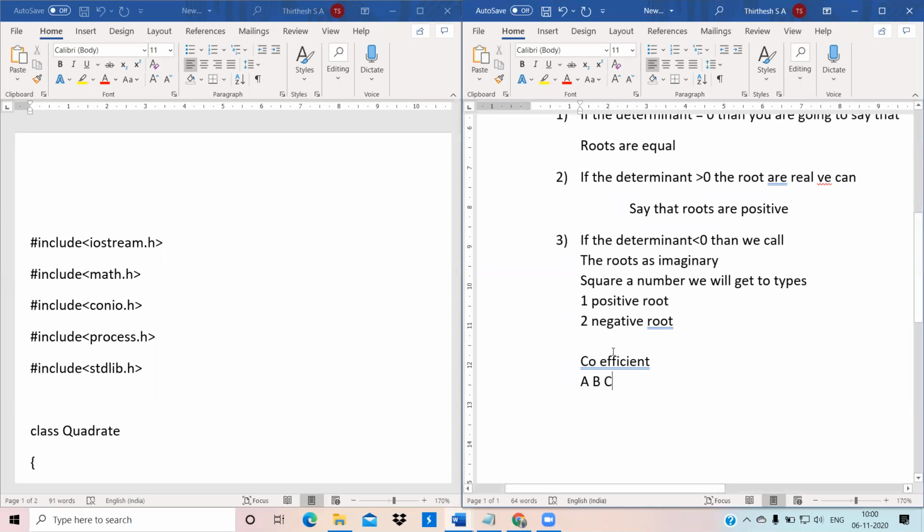For these coefficients, we already said we need to check the roots. To check the roots, we have to take one more input, called R1 and R2, because we have two roots.